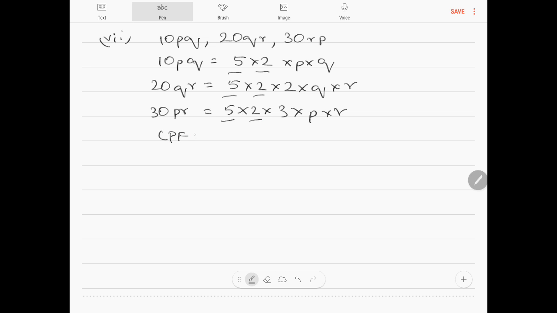So common prime factors are 5 and 2. So HCF is equal to 5 into 2, which is equal to 10.